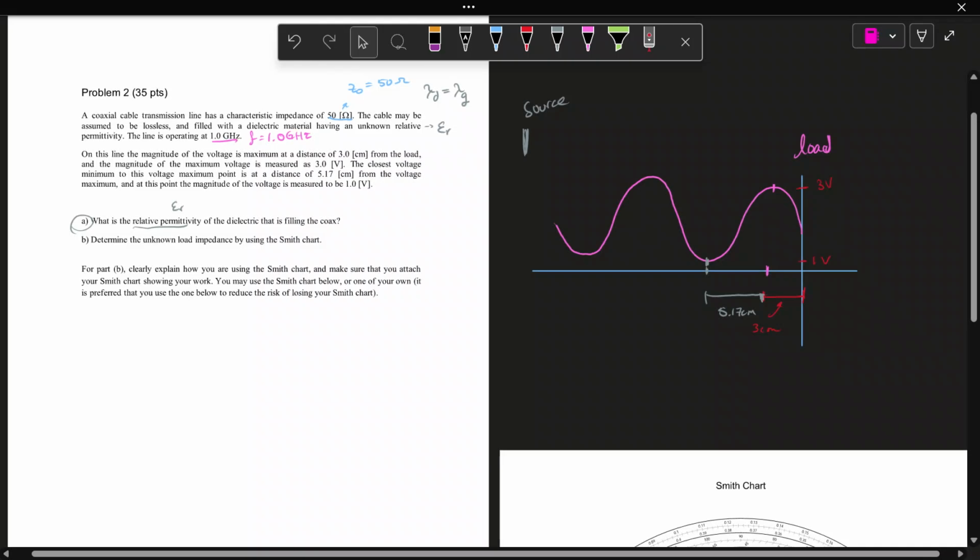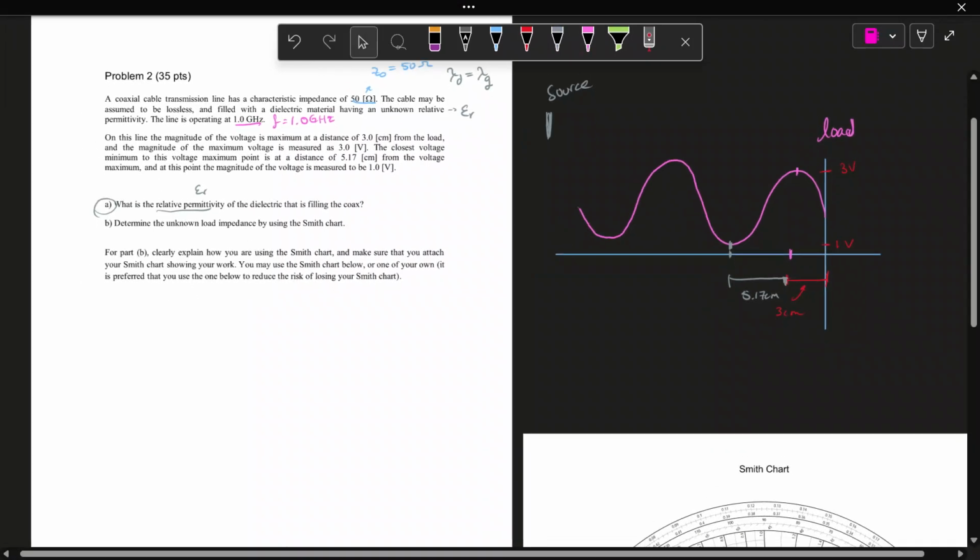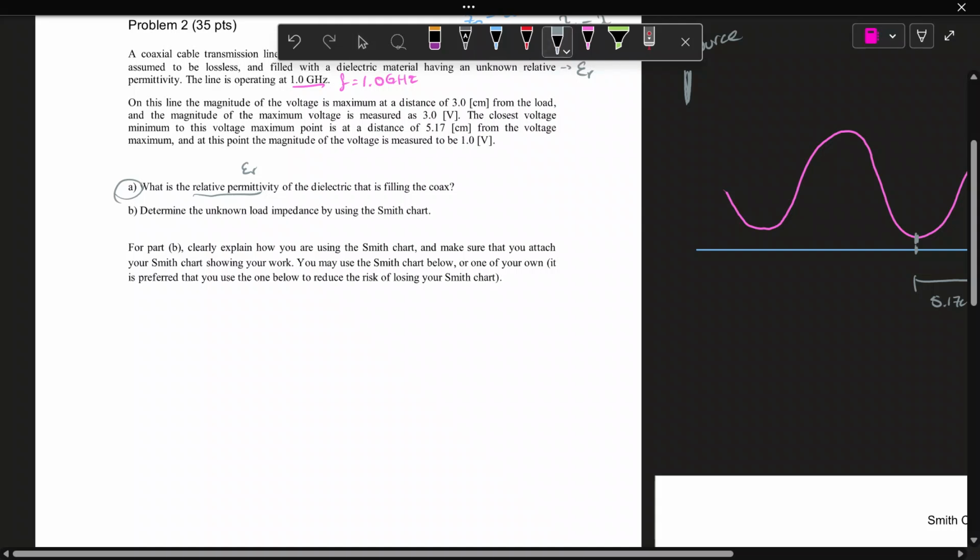Now we have to find out what the relative permittivity is. This is just a set of equations that is actually given in the formula sheet. I'll write them down. One is that lambda 0, which should already be known, is equal to the speed of light divided by the frequency the line is operating at.